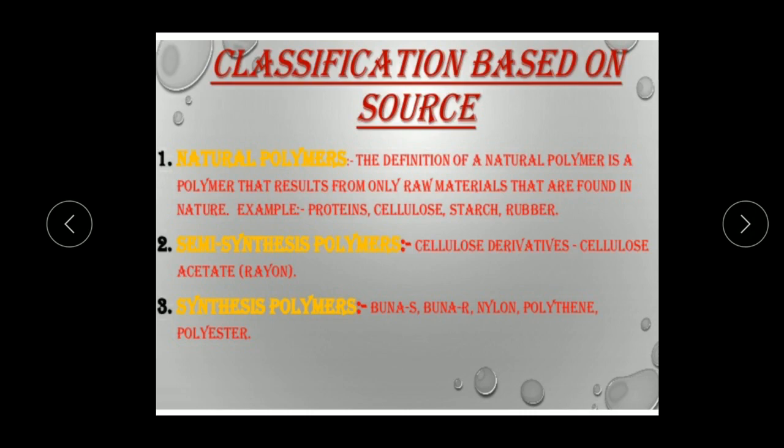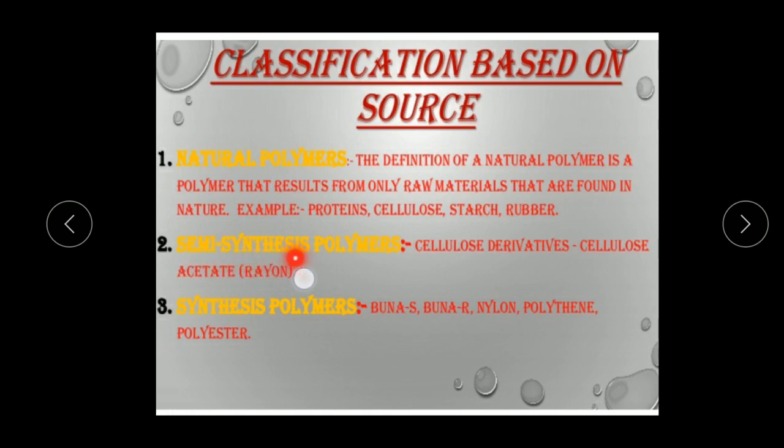Let's discuss the classification based on the sources. Here we have natural polymers. A natural polymer is a polymer that results only from raw materials found in nature, for example proteins, cellulose, starch, and rubber.